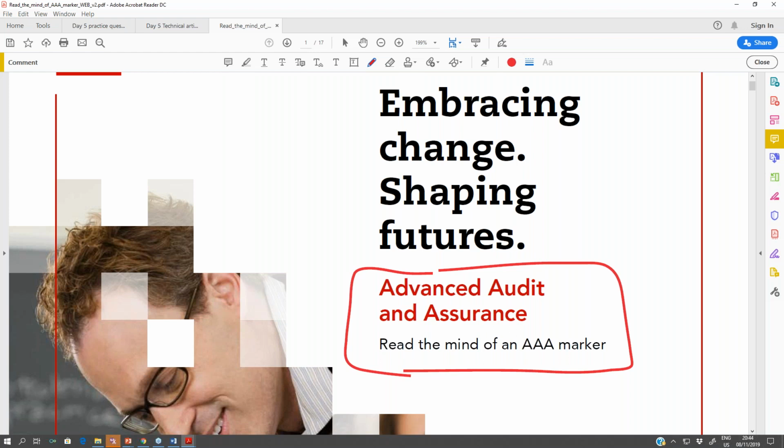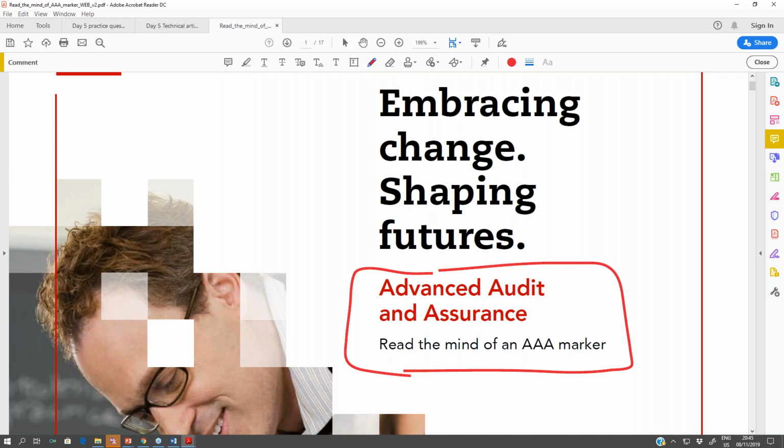And the exam marker has taken some of the past papers as example, and then the marker tried to write the answers of the past paper. And in those answers, he mentioned that if you write the answer this way, you will get 0.5 marks. If you write the answer this way, you will get 1 mark. If you write the answer this way, you will get 1.5 marks. So try to read through this marker analysis, because eventually your paper has to be marked by the marker.